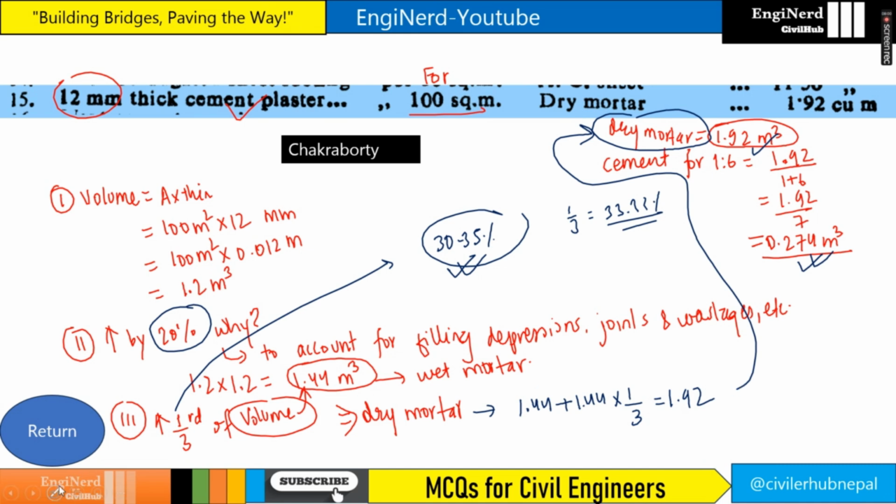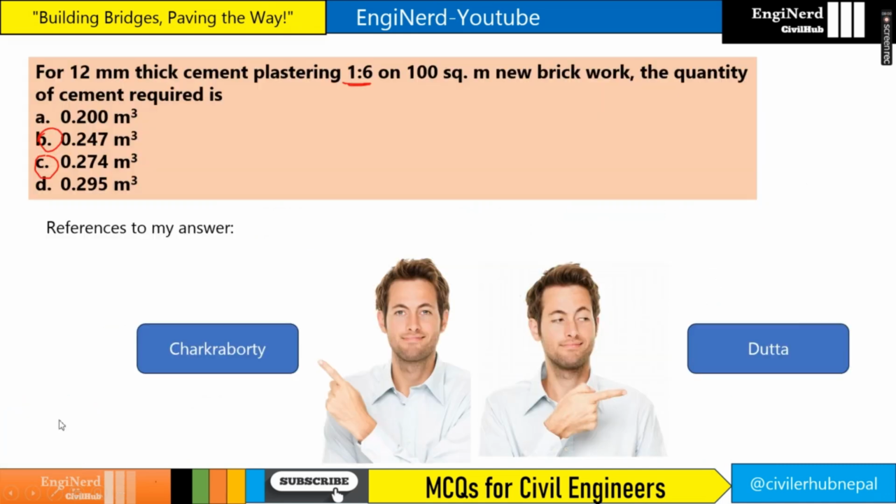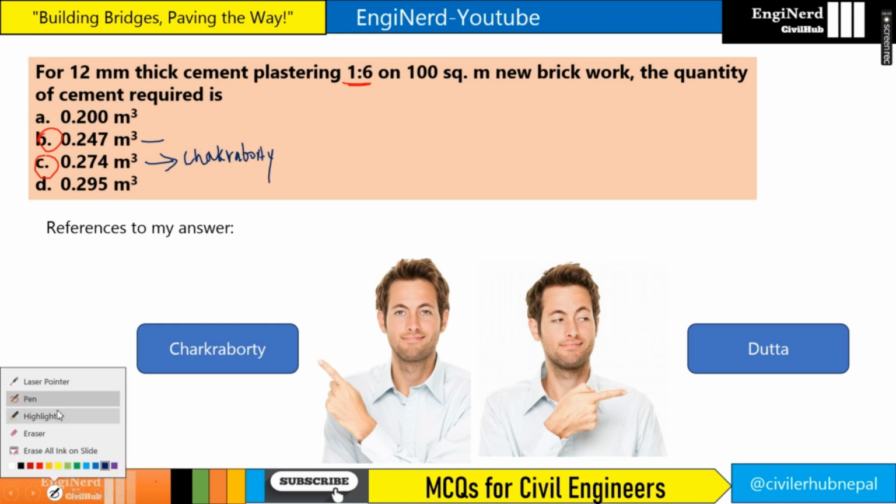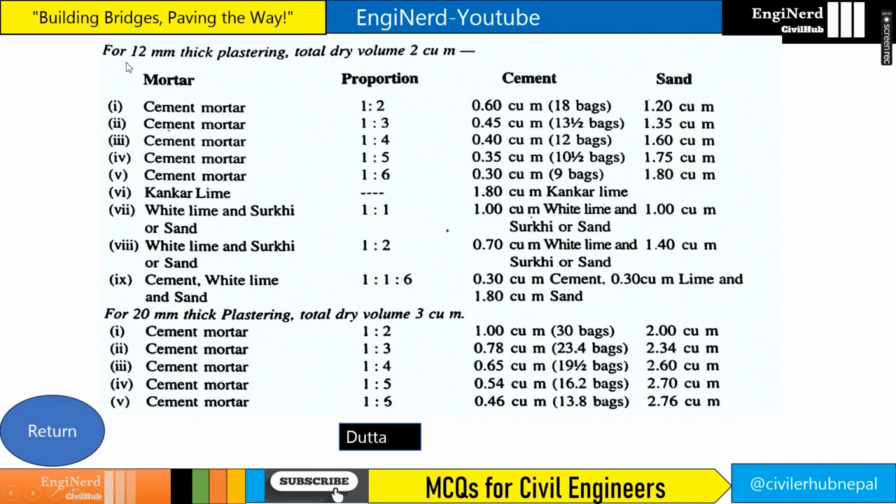So let's go back to the original question. We get 0.274 from Chakrabarti, right? Now we'll be seeing what Datta has to say. This is the photo from the book of Datta.